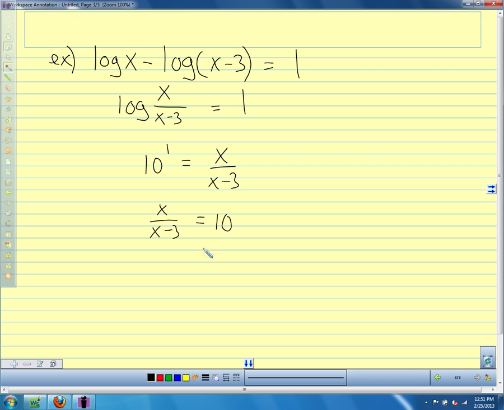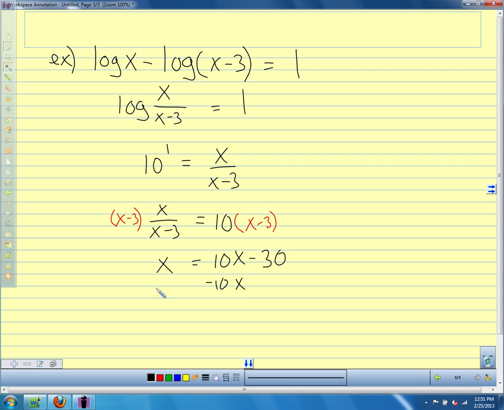Now to solve for x, what am I going to do? Multiply by x minus 3. Multiply both sides by x minus 3. So I get x equals, and I'm going to distribute here, 10x minus 30.